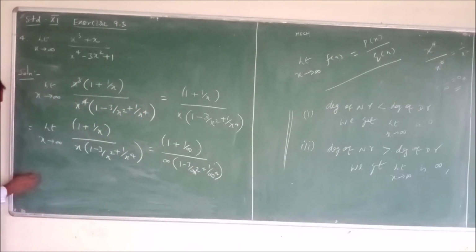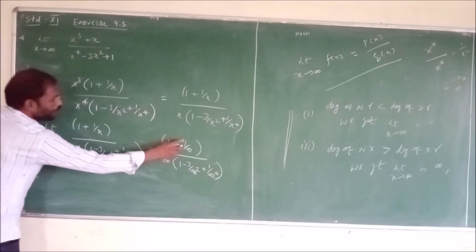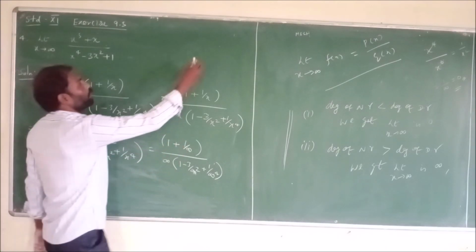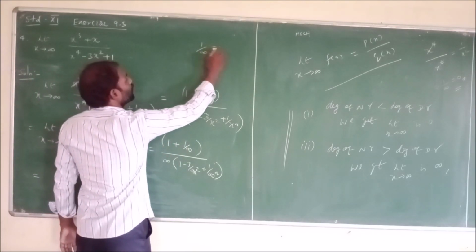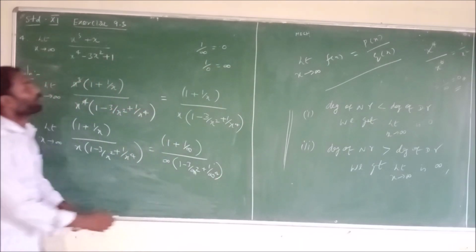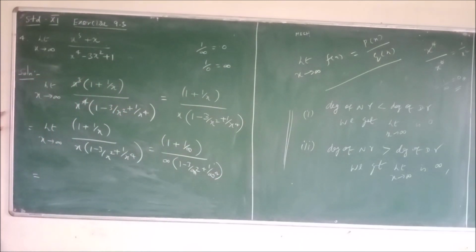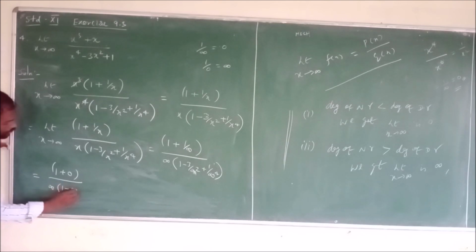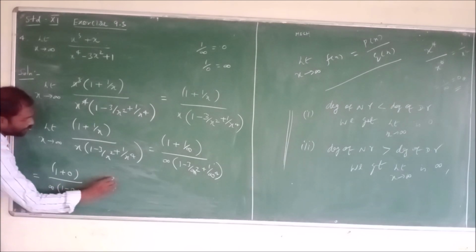So we get, any number divided by infinity is 0. 1 by infinity equals 0, and 1 by 0 equals infinity. Then the numerator term is 1 plus 0, and the denominator term is infinity into (1 minus 0 plus 0), which equals 1 by infinity into any number, which is infinity.